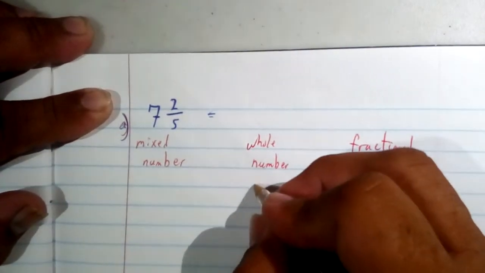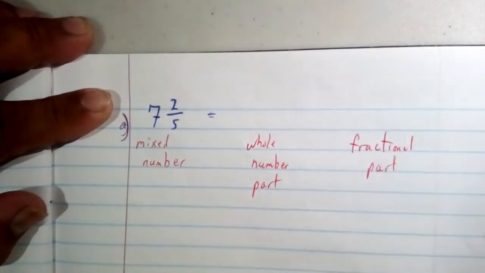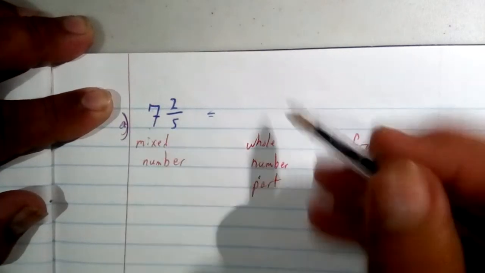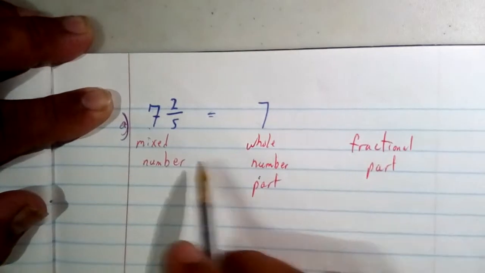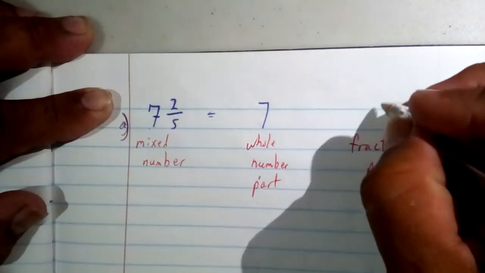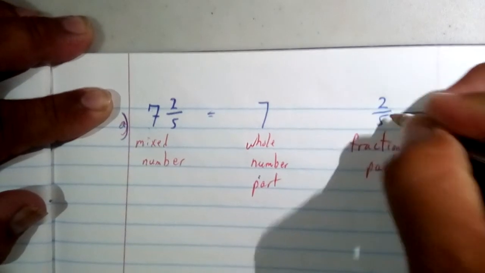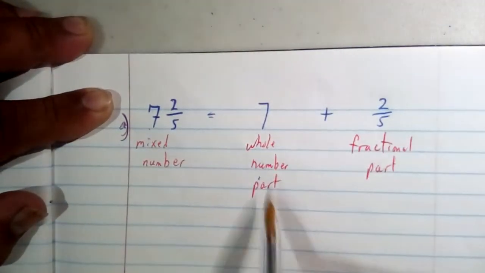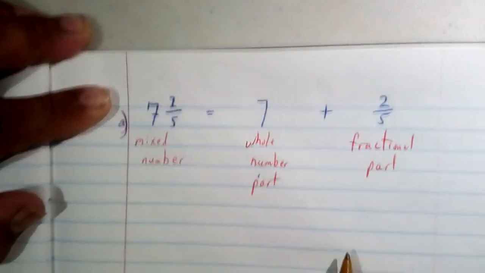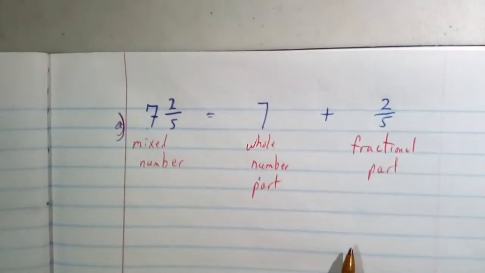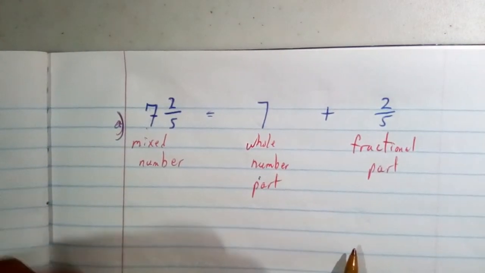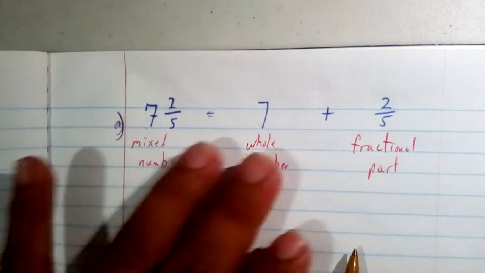So the whole number part will be this 7, or whatever is in the front here, and then the fractional part will be this, which is above the line. So we have 2/5. So 7 plus 2/5 is actually 7 and 2/5. Mixed numbers can be represented by shaded regions if we wanted, but for right now we're just going to be dealing with numbers.